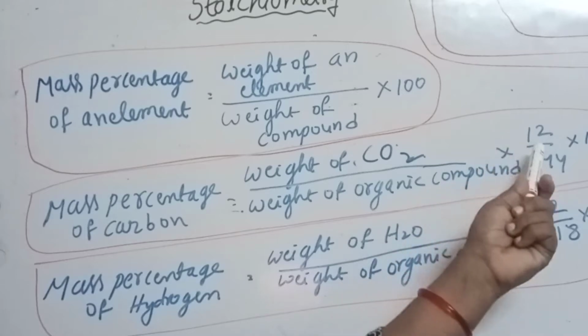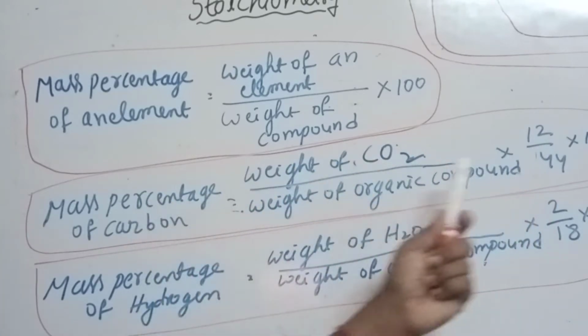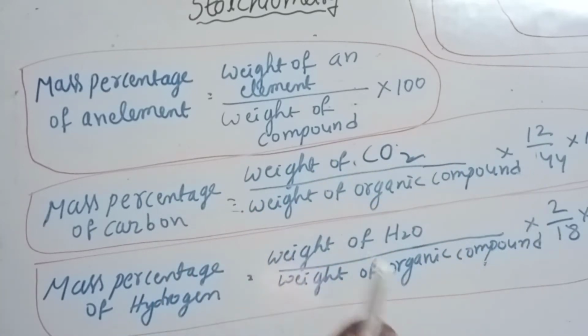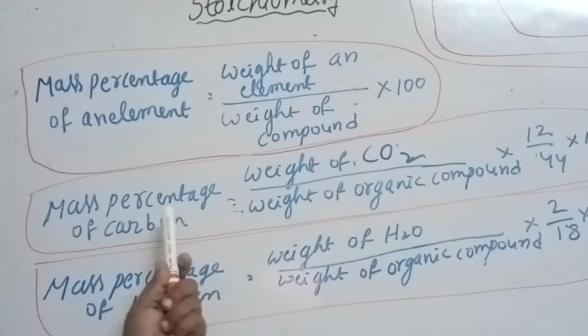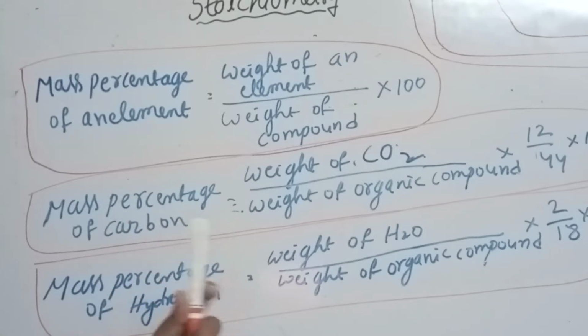Here 12 is the atomic weight of carbon, and 44 is the molecular weight of carbon dioxide. By using this formula we calculate the mass percentage of carbon in a given organic compound.